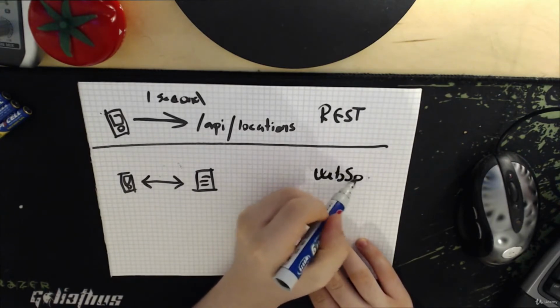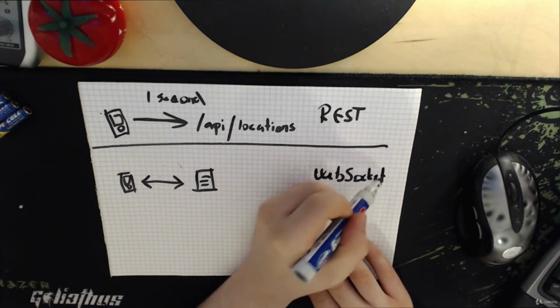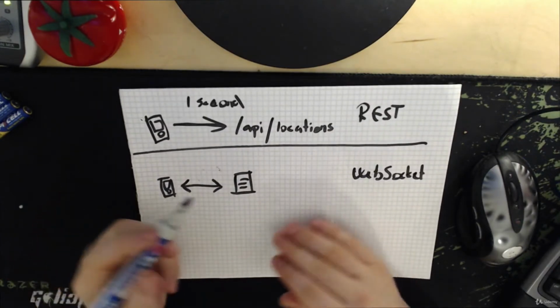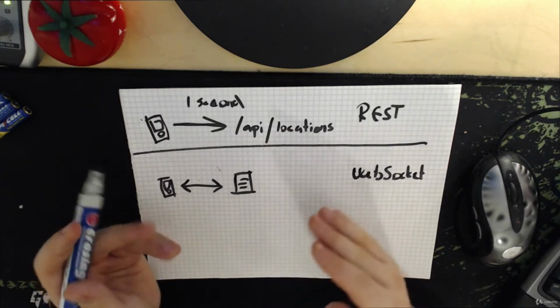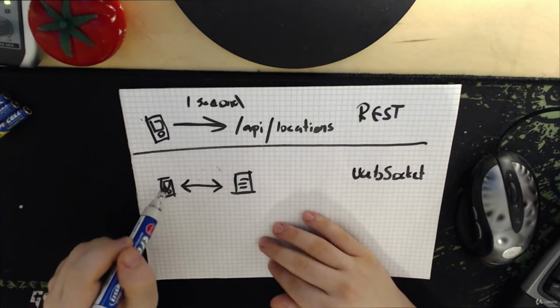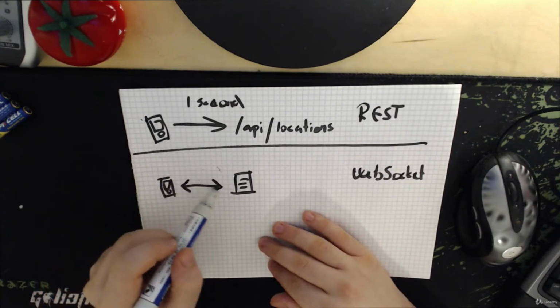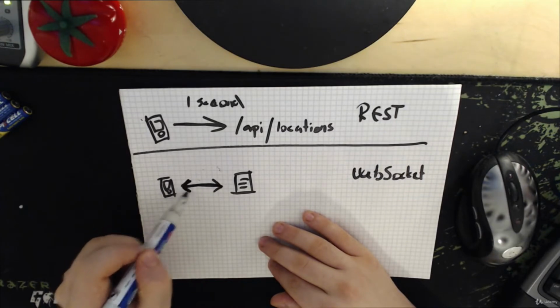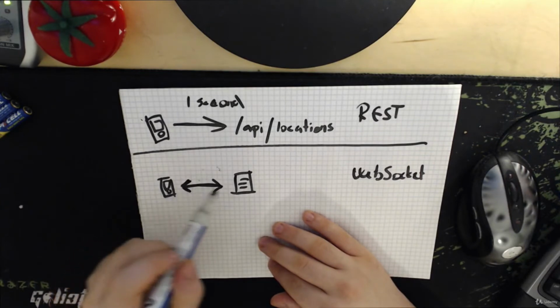And then all of a sudden, let's say we have a driver who has a new location and we want to display the new location on the phone. Then we can, as a server, push an update to the client while we have a WebSocket connection between the client and the server.